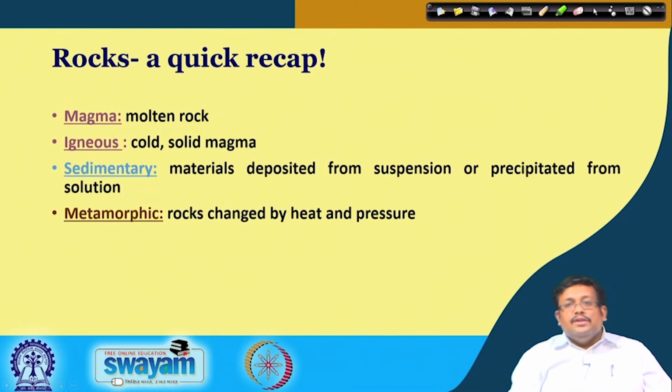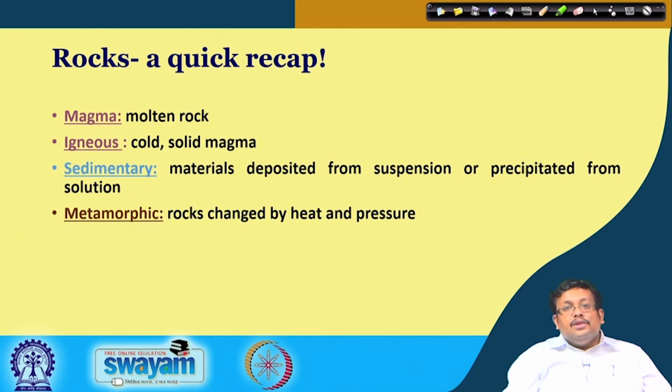So, before going to physical weathering, let us make a quick recap of rocks. I am sure that you have already covered these things in your school. Just a quick recap before we go to weathering. Magma is molten rock, whereas igneous rock is basically cold, solid magma.